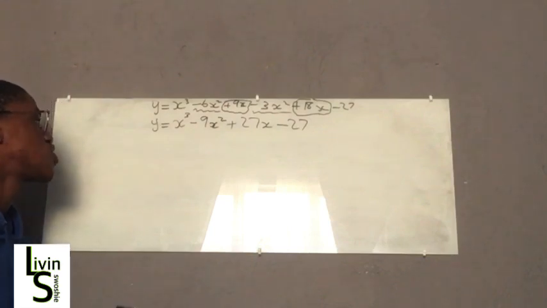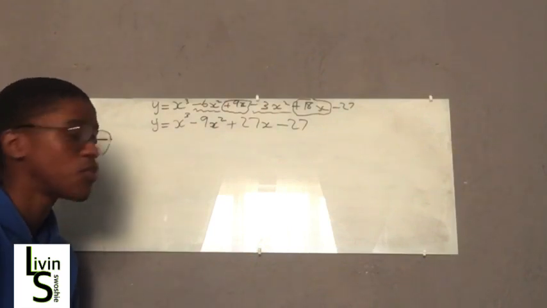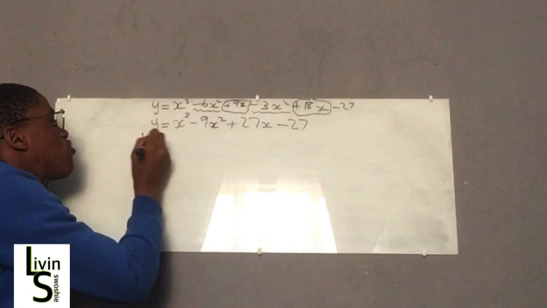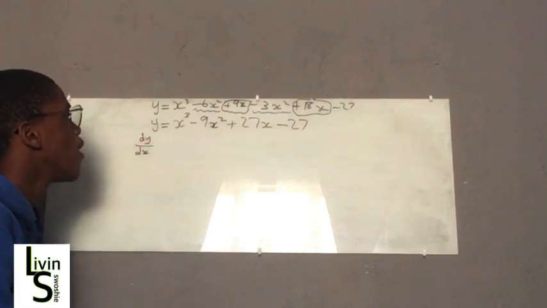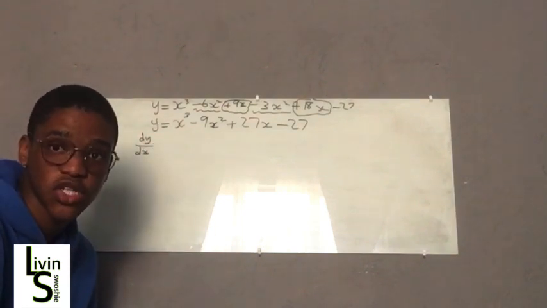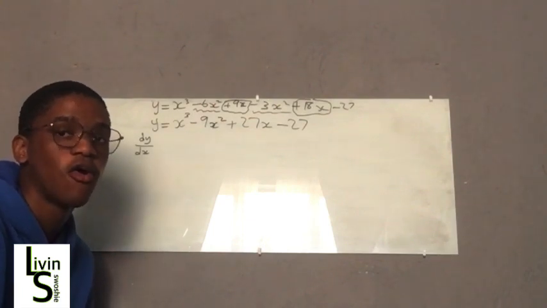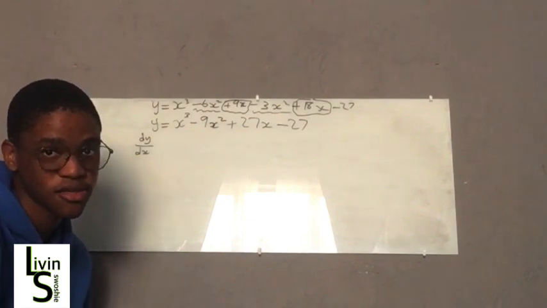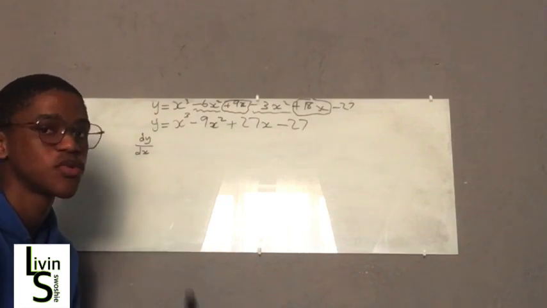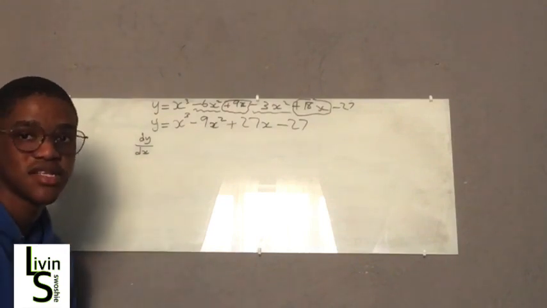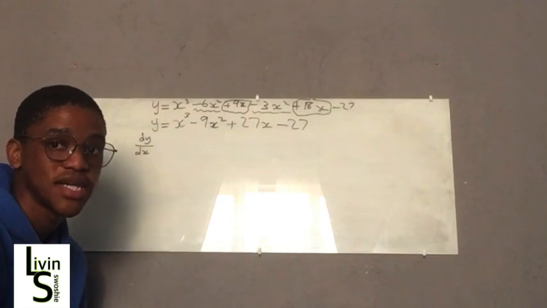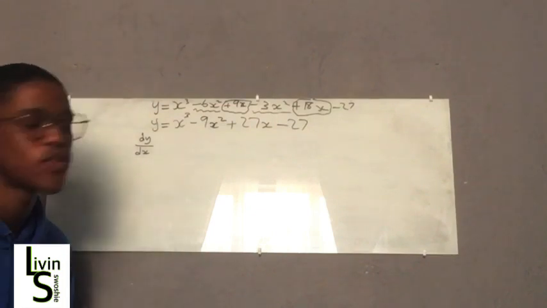Now, because this is in standard form, we can now say dy over dx. In the question they may say determine f prime of x, or they may say dy over dx. So f prime of x, you would say f prime of x here, but in this case they said dy over dx, so that is what we are doing.